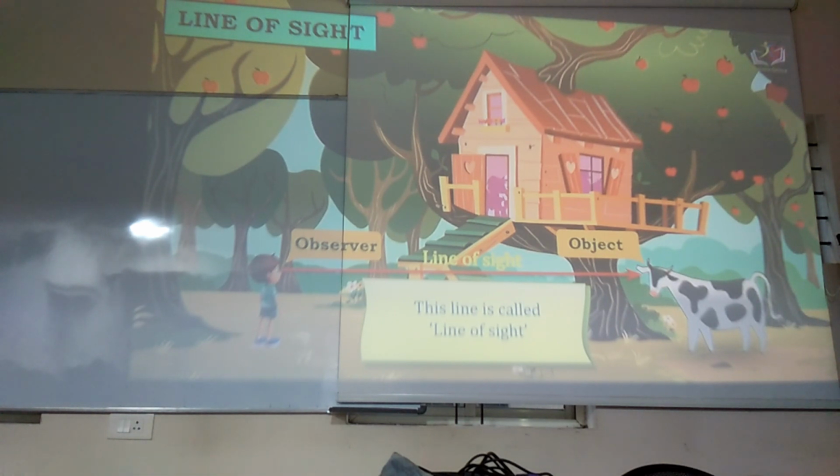Line of sight. It's called line of sight. Getting? Okay. So this is one of the cases.